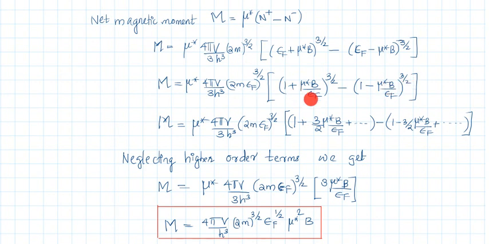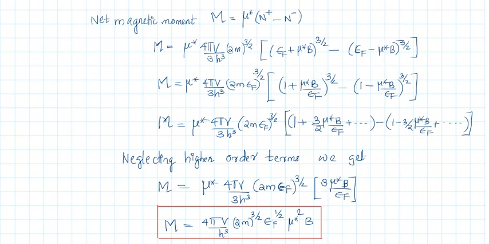You can apply binomial expansion and retain only the terms up to first degree. Terms of the order of mu star B by EF squared you can neglect. Then this 1 and this 1 will cancel. 3 by 2 mu star B by EF, minus of minus becomes plus, 3 by 2 mu star B by EF, which becomes 3 mu star B by EF.